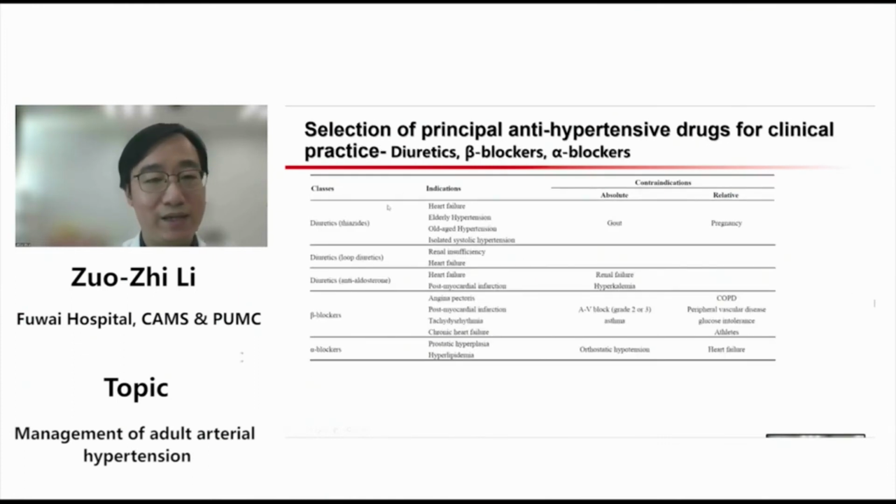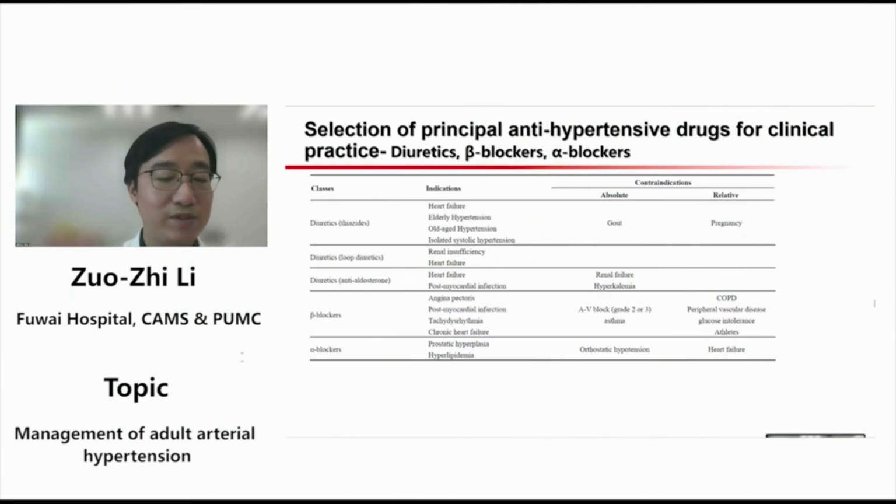Diuretics mainly increase the sodium efflux so as to reduce the load burden of the patient. These include three types: the thiazides, the loop diuretics, and also the anti-aldosterones.